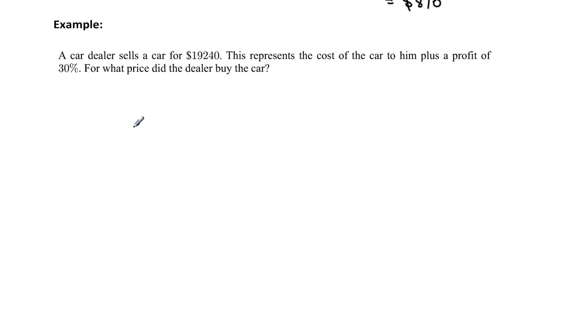Now, in this particular case, we can see that 130% of the cost, remember 100% plus 30%, so 130% of the cost price is equal to $19,240.